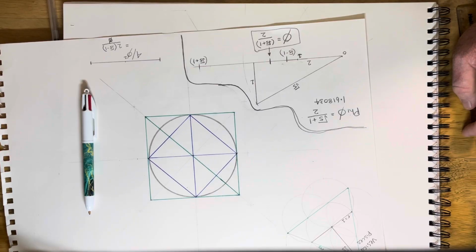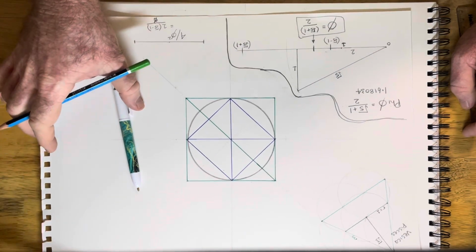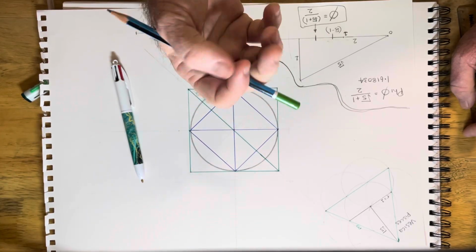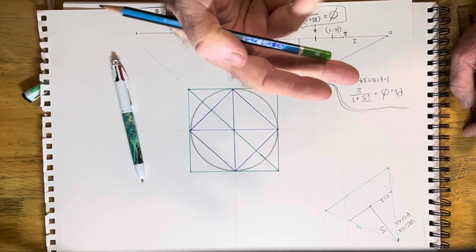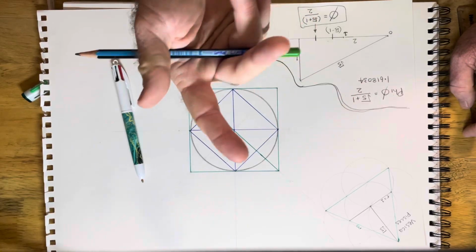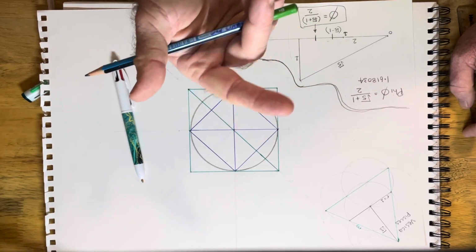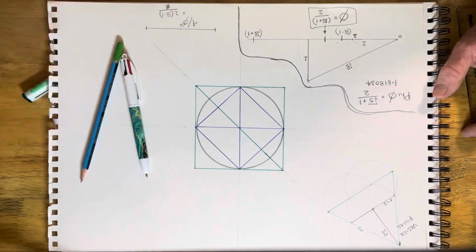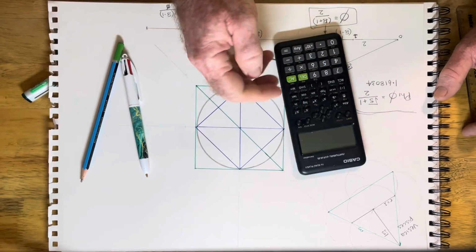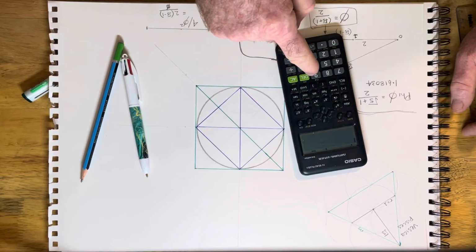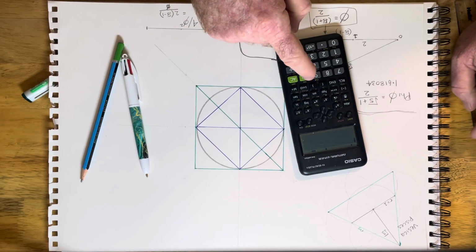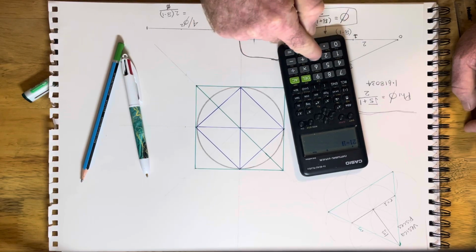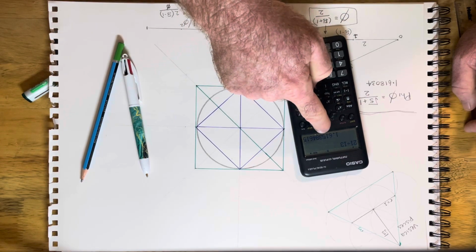So the Fibonacci sequence is 1, 1, 2, 3, 5, and what you're doing is you're adding the numbers. 1 plus 1 is 2, 1 plus 2 is 3, 2 plus 3 is 5, 3 plus 5 is 8, 5 plus 8 is 13, then 13 plus 8 is 21, and we'll try it here. 21 divided by 13 equals 1.615.